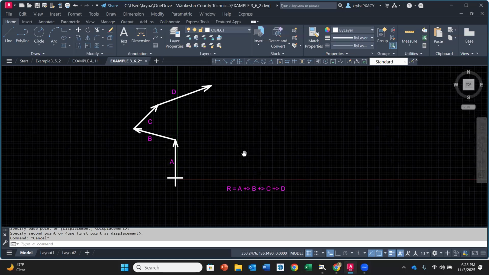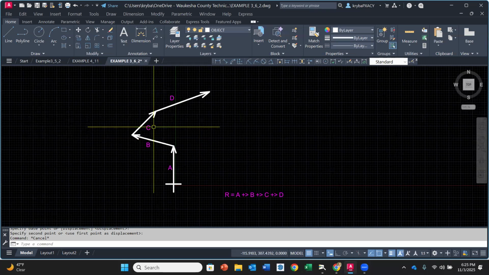So A plus B plus C plus D. Notice there are no tips together or any tails together. It's tip to tail, tip to tail, tip to tail.